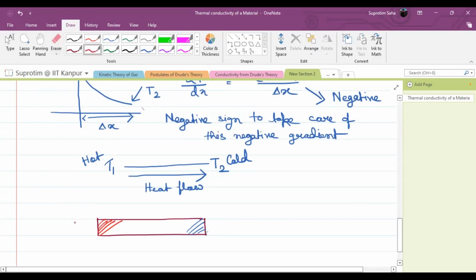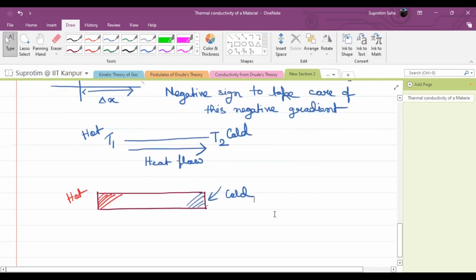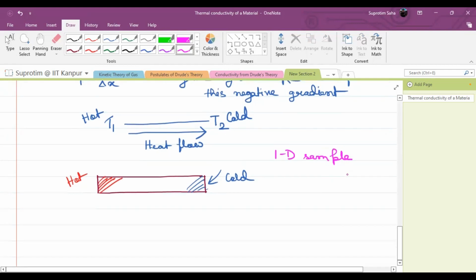Let's do this for a 1D sample, and after that, we will proceed to do the 3D case.